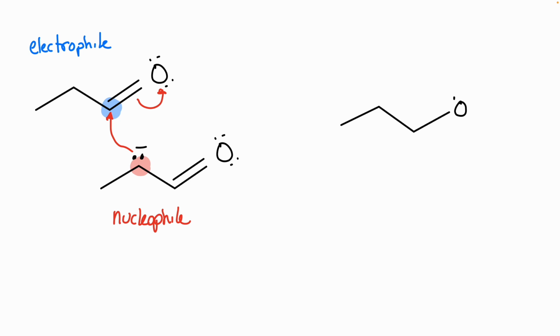I'm going to try to keep my color consistent here. And I'm also going to arrange this on the page in a similar way to how it was in the previous step, so that we can more easily see how these two molecules are being connected here. We have the alpha carbon of my nucleophile connected to the carbonyl carbon of my electrophile.